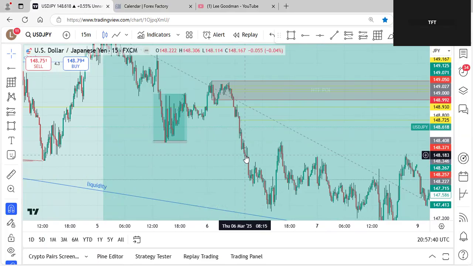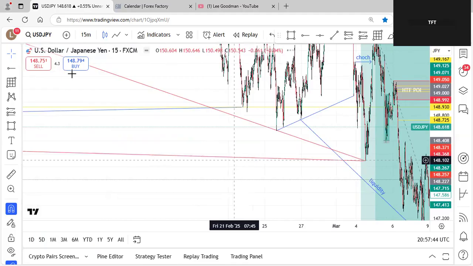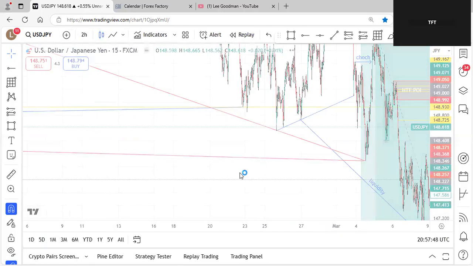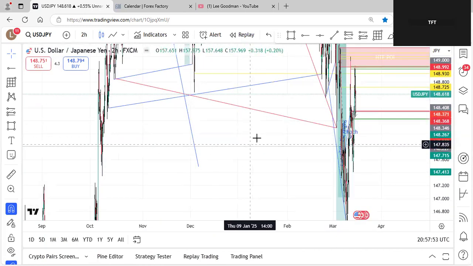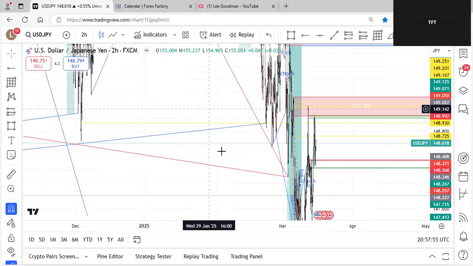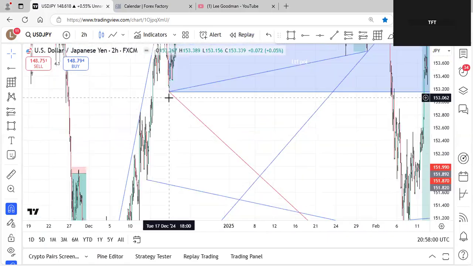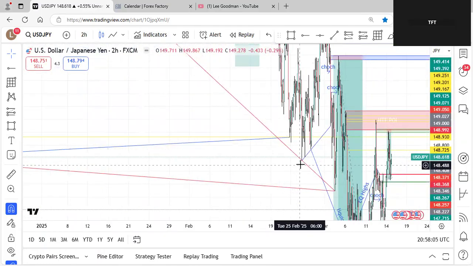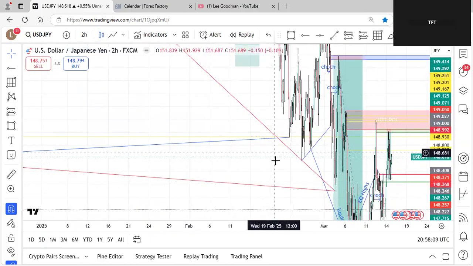Is it all the red line? Oh, it's steeper, you can see it. So possibly this one. Touch. So this is the better trend line, the steeper one.